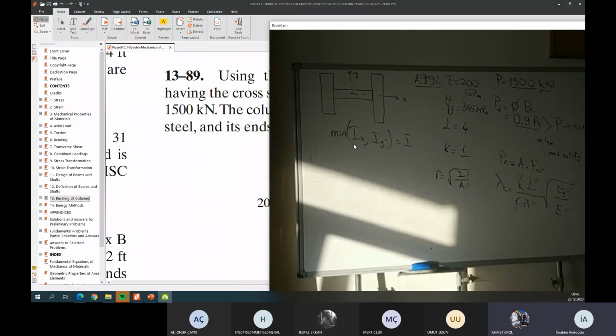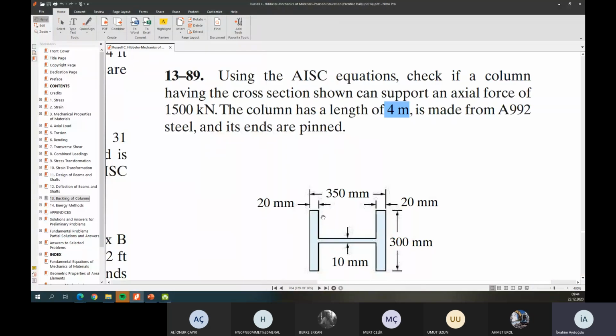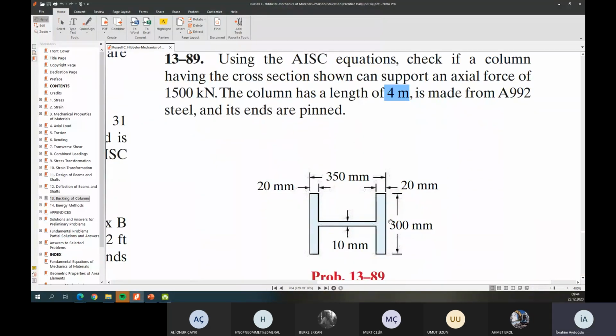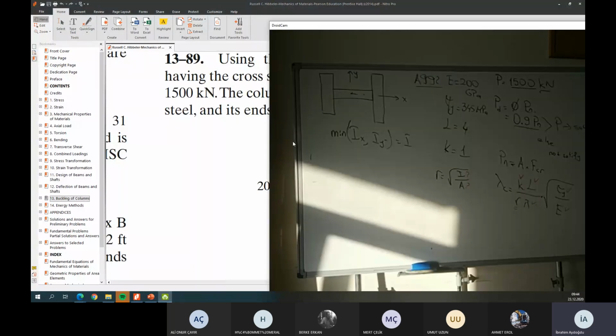In this shape, in other words, Ix is generally smaller than Iy. But sometimes height and width are almost the same, so I am not sure which one is greater. In my opinion, Ix is a little bit smaller than Iy, so I prefer to compute both.